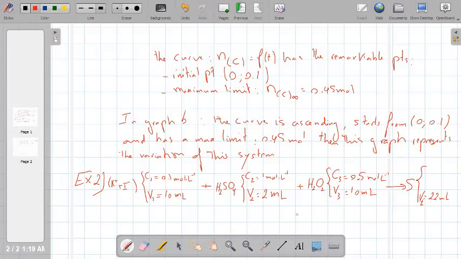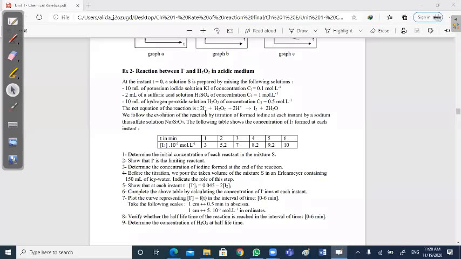Now, the net equation of the reaction is given: 2I minus plus H2O2 plus 2H plus gives I2 plus 2H2O.